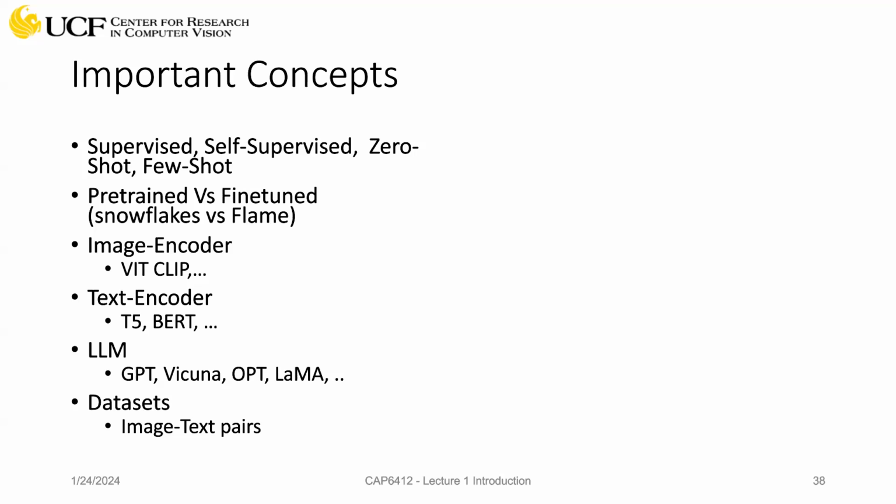So, there are lots of data sets. The original image text pair data set on which OpenAI CLIP was trained is still not out, it's private. But there are lots of publicly available data sets. People are using those, and the number of image text pairs is in the billions.